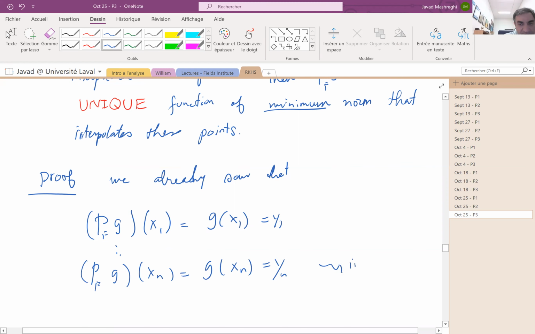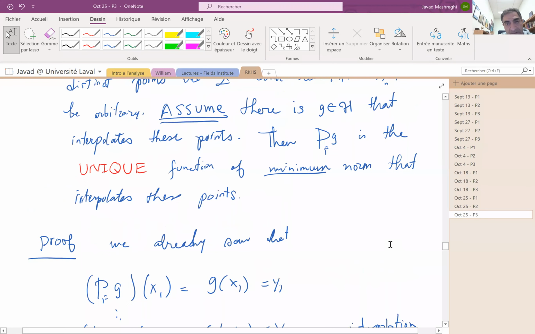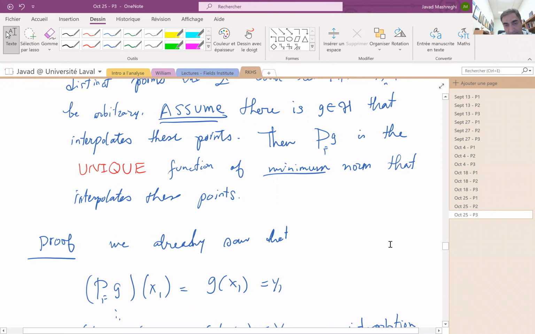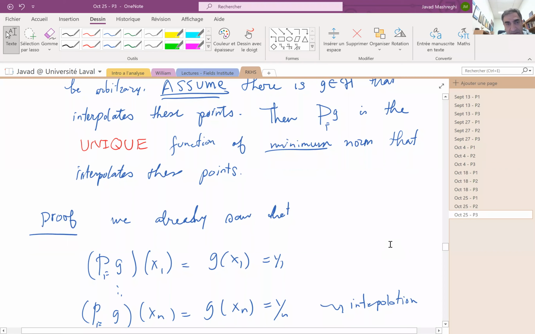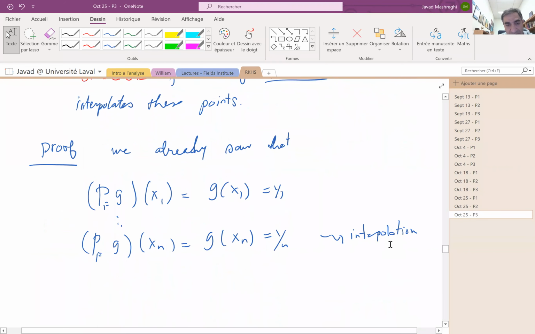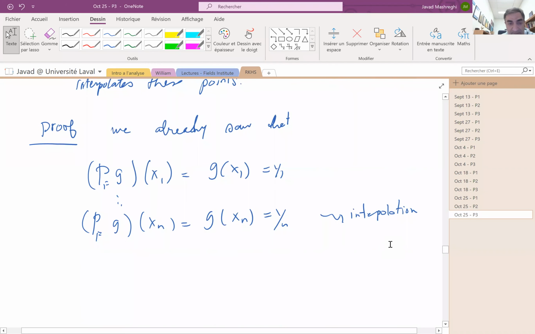So we have interpolation. PFG interpolates. And why is it unique? In a sense, it can be described as the one of minimum norm. For any other H, it's written here.